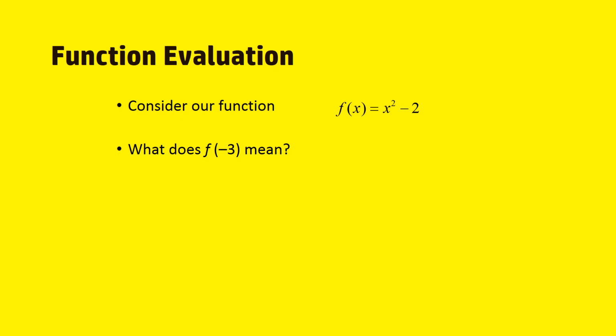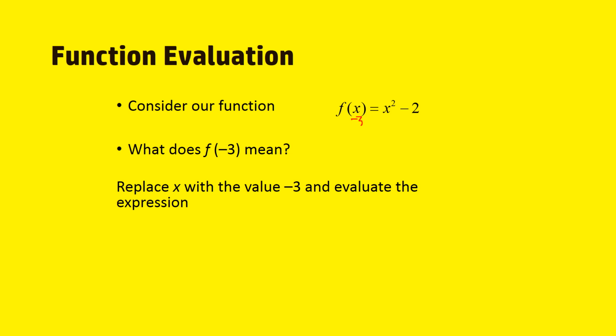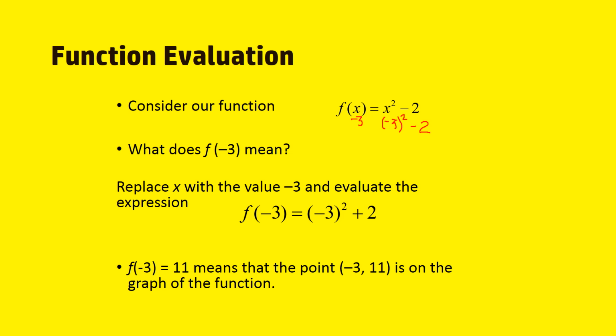So here's a function. What does f of negative 3 mean? Well, we're going to replace x with negative 3 wherever we see x. Don't forget the parentheses. And evaluate the expression. So 9 plus 2, that's 11. That means the point negative 3, 11 is on the graph of the function.